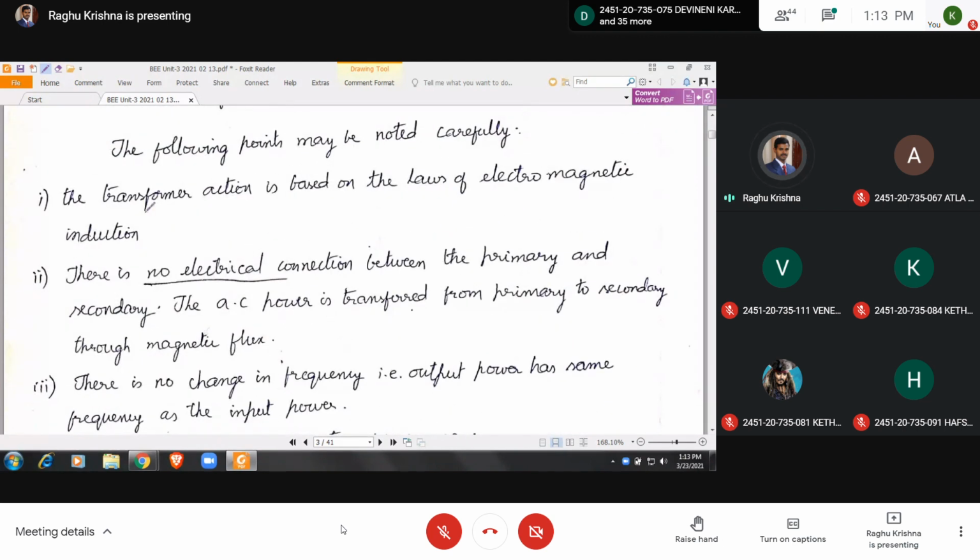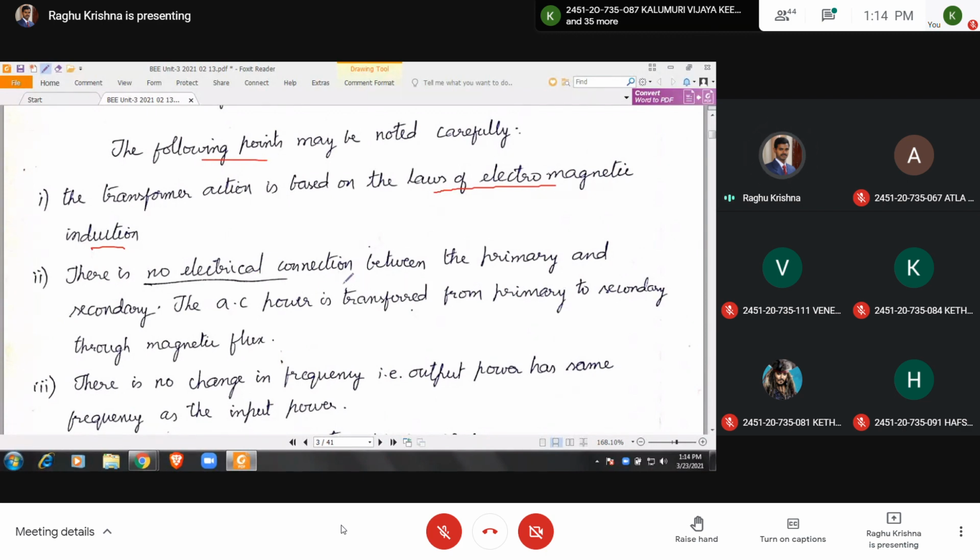So here you can see some points. What is the transformer action? It is based on the laws of electromagnetic induction. Here there is no electrical connection between primary and secondary.